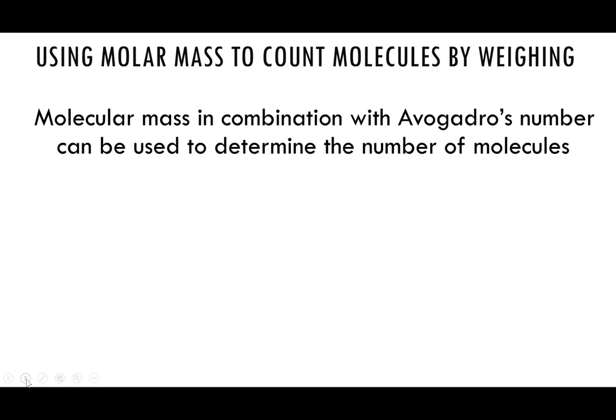So we can take this idea of molecular mass in combination with Avogadro's number to determine the number of molecules. I can go to a scale, weigh out a certain number of grams of water, and determine exactly how many molecules of water that is.